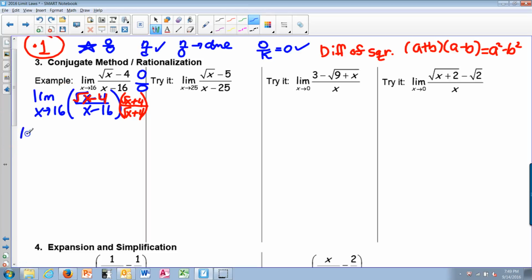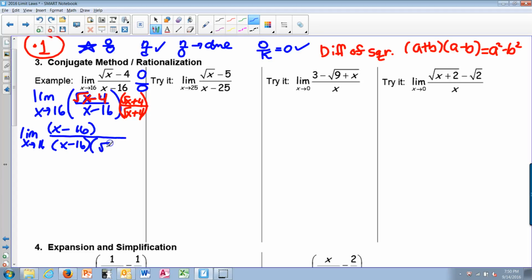That means that my limit becomes on the top a difference of squares, and square root of x squared is just x, minus the 4 squared is 16. On the denominator, we never put the non-pair together. So x minus 16 was our goal to cancel.